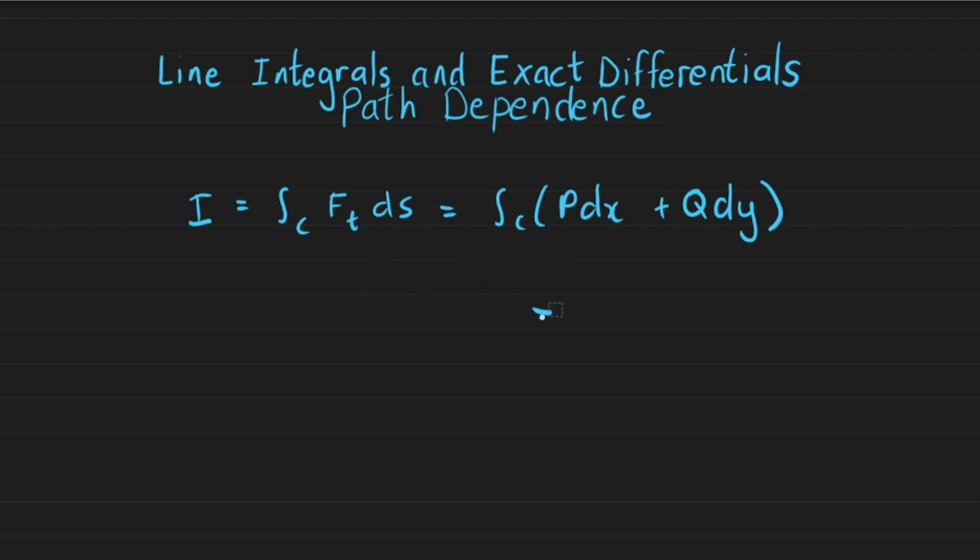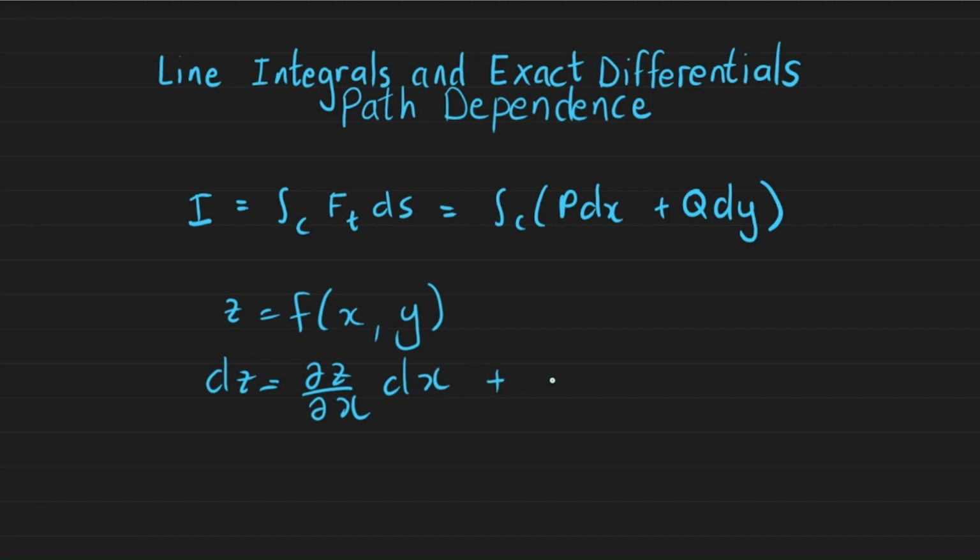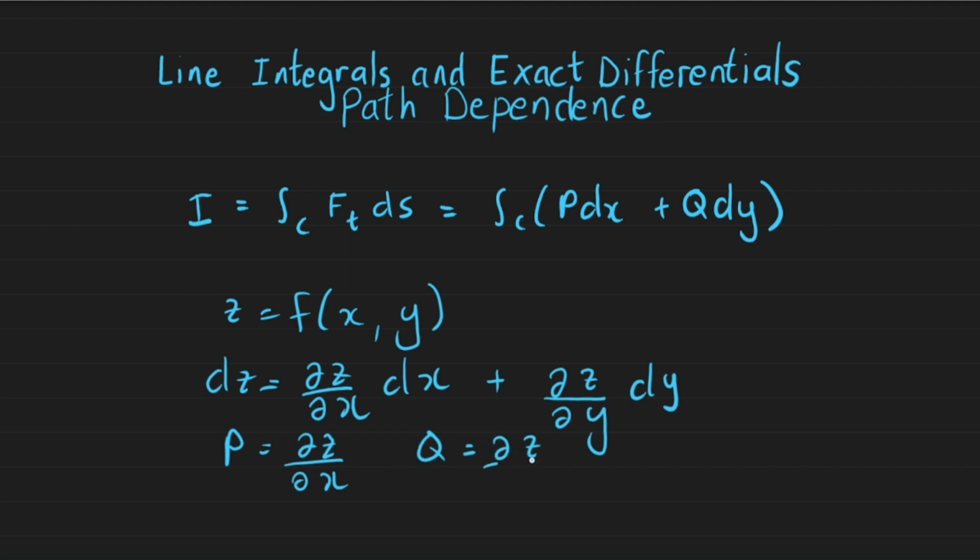So let's just remind ourselves what an exact differential is. If we have some function z being a function of x and y, and then we find the differential of z, we see that it's dz/dx times dx plus dz/dy times dy, and we said that p was equal to dz/dx and q was equal to dz/dy.